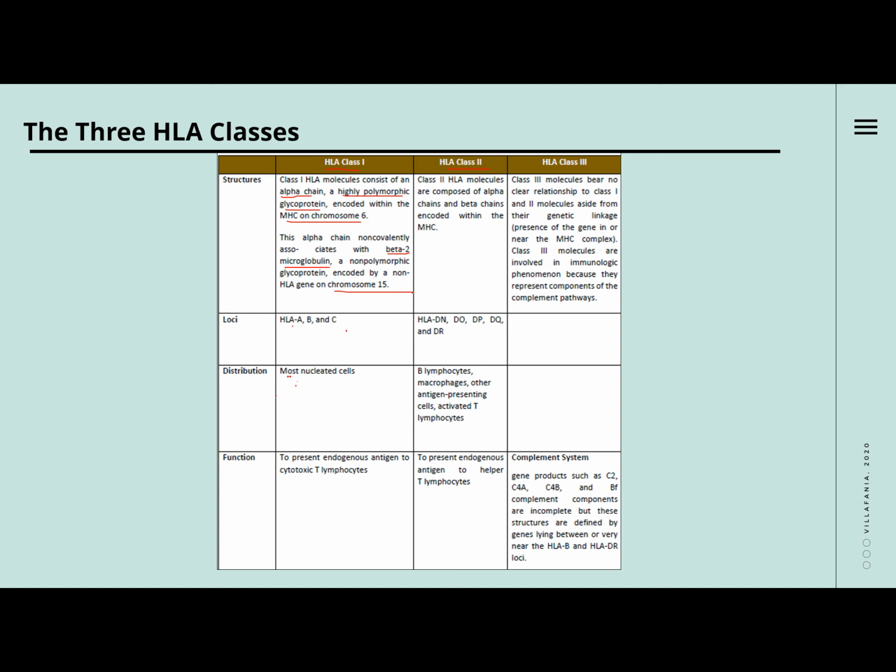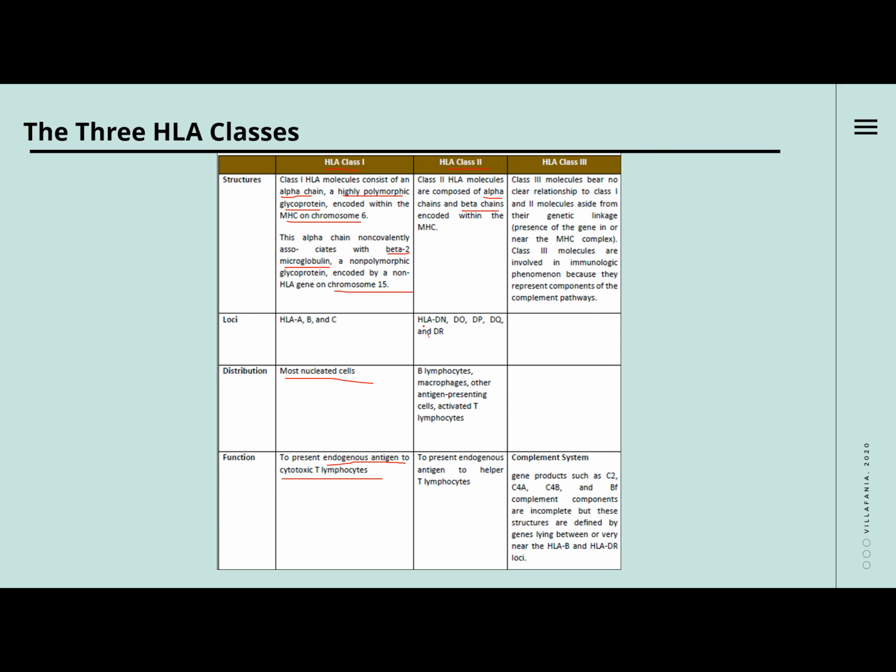Distribution, this is found, class, mostly in nucleated cells. Function is to present endogenous antigen to cytotoxic T lymphocytes. Then class 2, class, are composed of alpha chains and beta chains. So if your class 1 is only alpha chains, class 2 is alpha and beta chains.